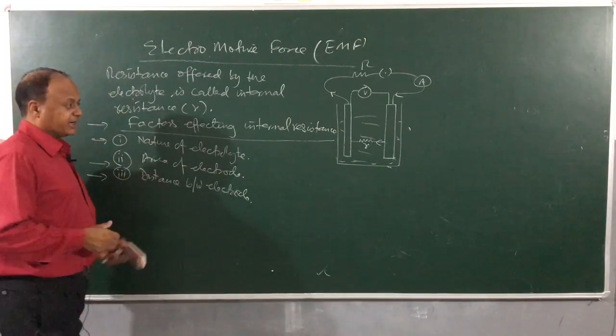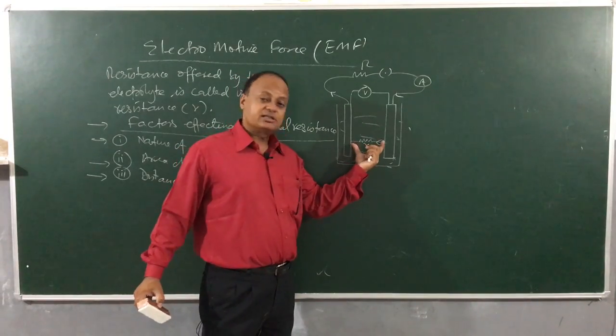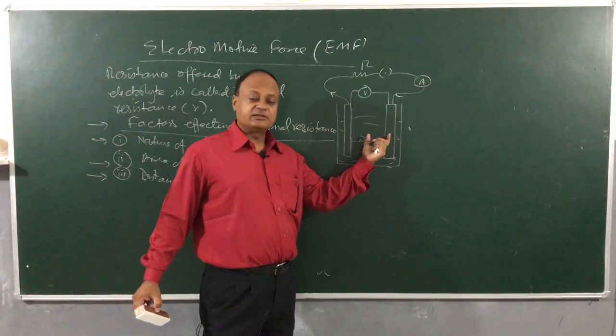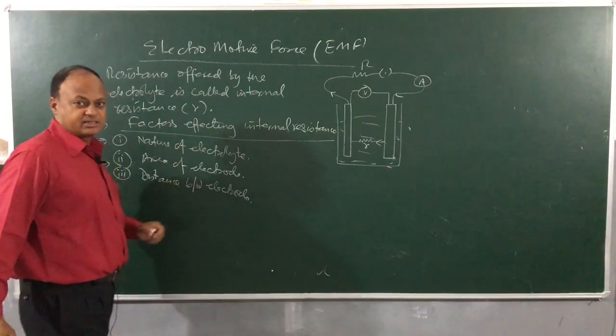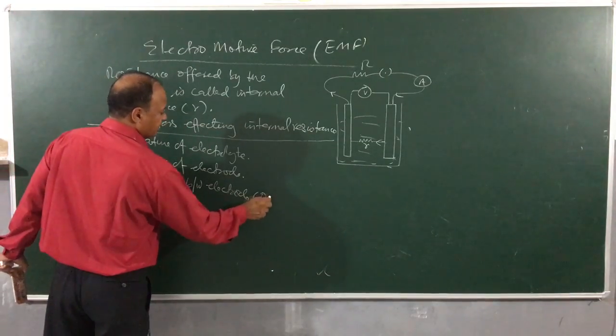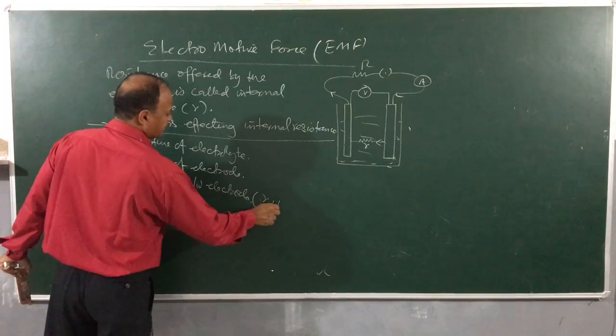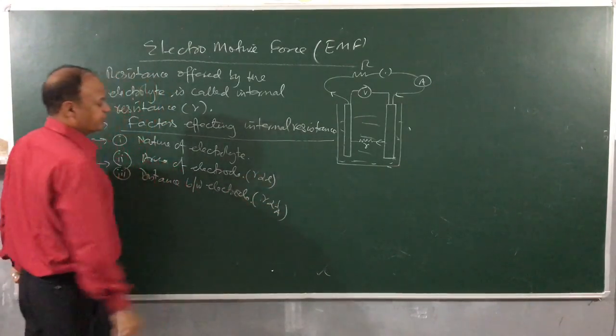Children, greater the distance between these two electrodes, greater the distance that the charges will have to travel for completing the circuit, and therefore more will be the resistance. Okay. So, this is basically the same here. R is inversely proportional to area and directly proportional to length, same as what you have studied for a wire.